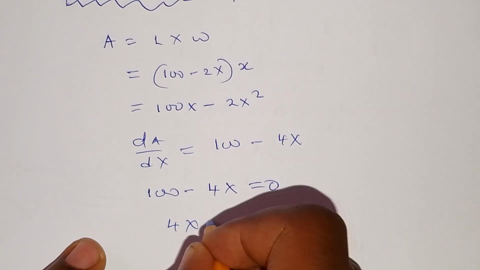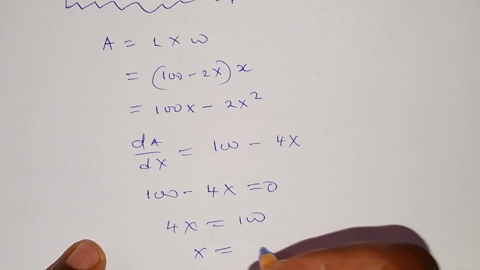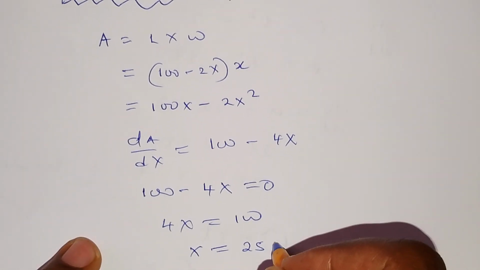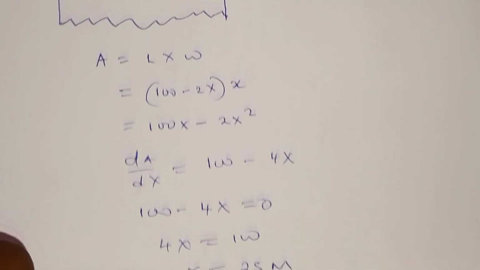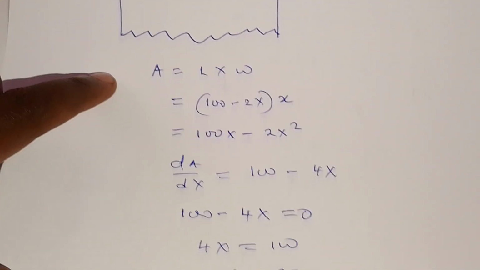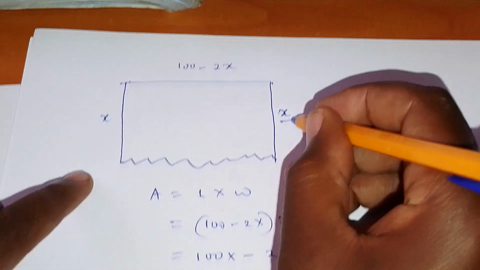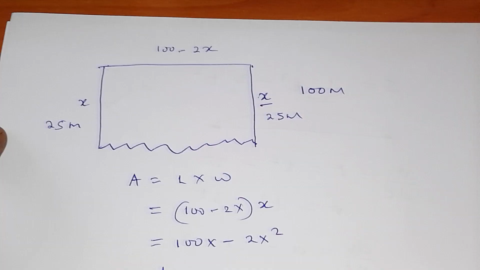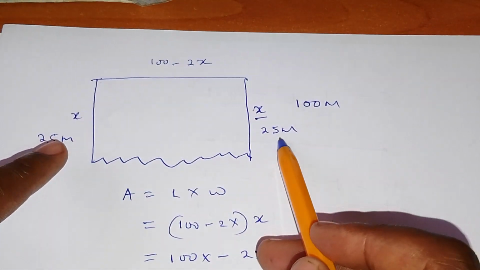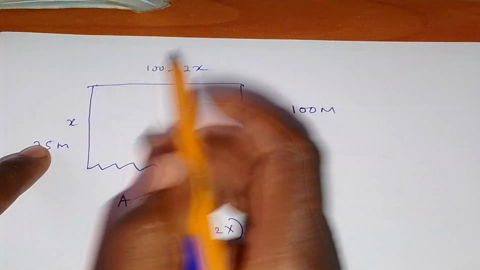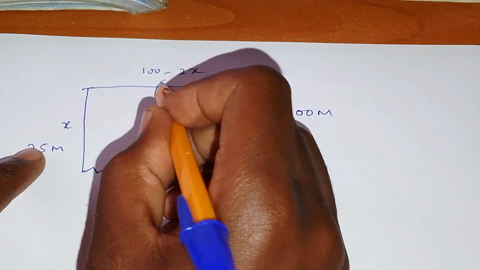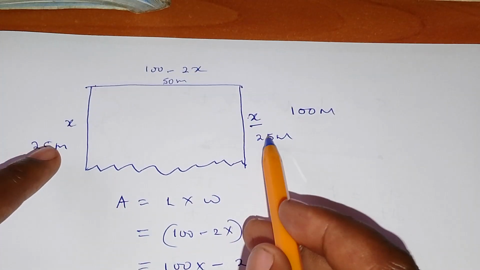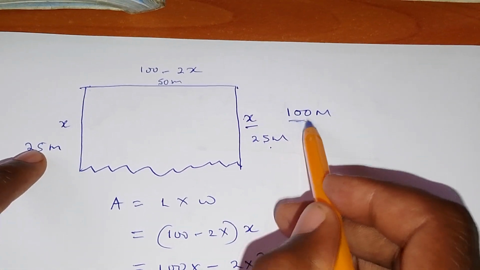We have 4x equals 100 and x is nothing but 25 meters. Now, upon getting x equals 25 meters, we know that this side has 25 meters, equally this side has 25 meters. So if this is 25, 25, this side must be 50 meters, so that 25, 25, 50 amount to 100.